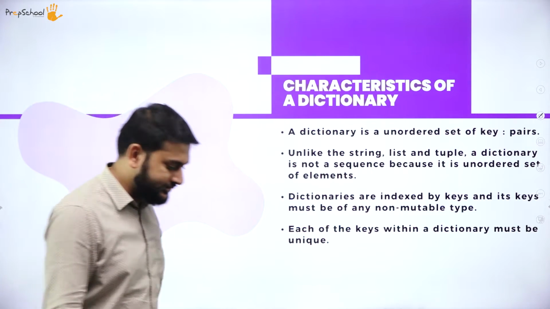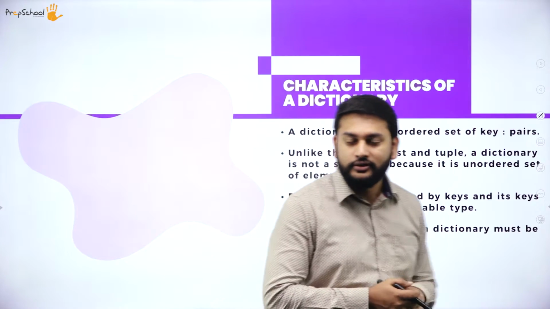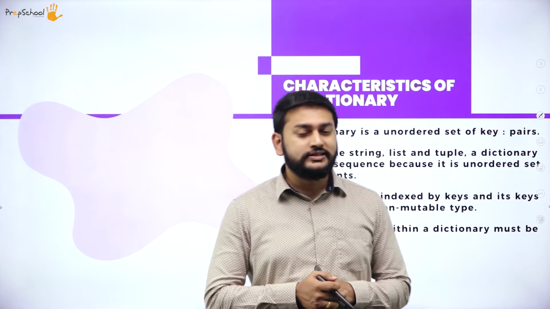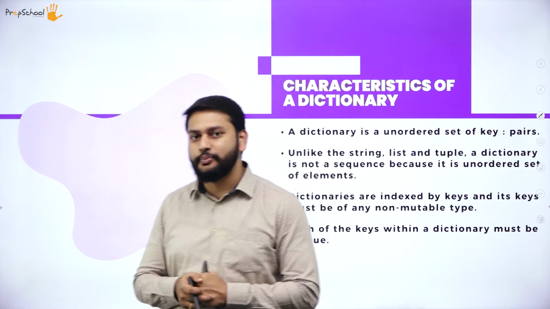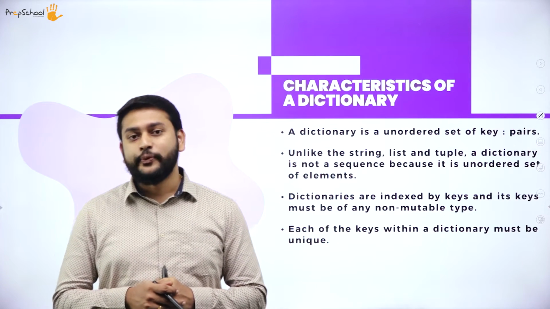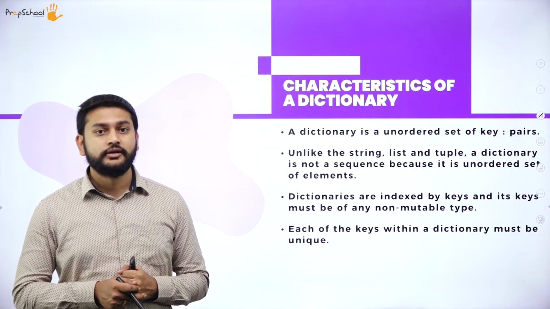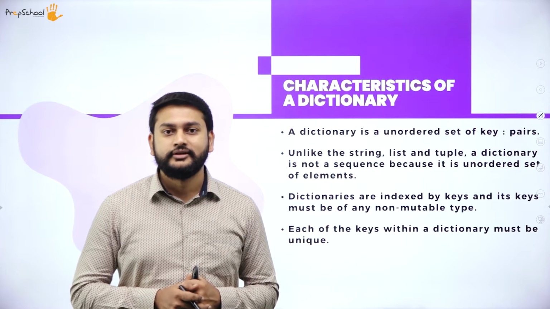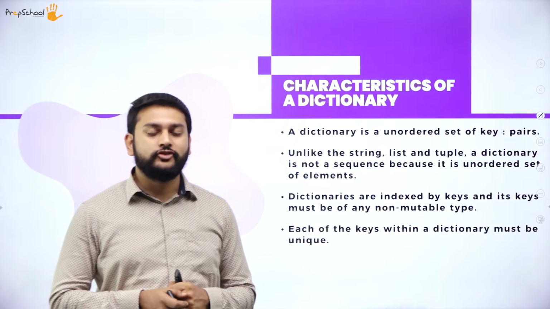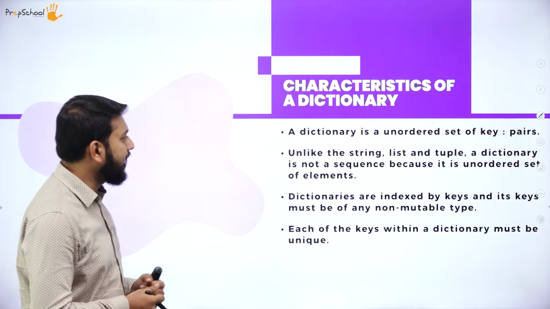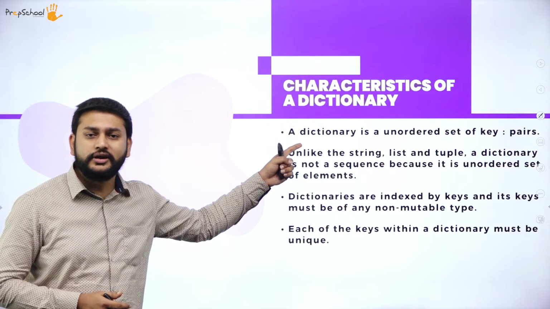Characteristics of dictionaries. What is the meaning of it? It's very important that we understand how exactly dictionaries behave. What are the points that I have to understand with respect to dictionaries before I use them? It's very important. Let's understand that one by one. What is the first thing? This point I have already discussed.